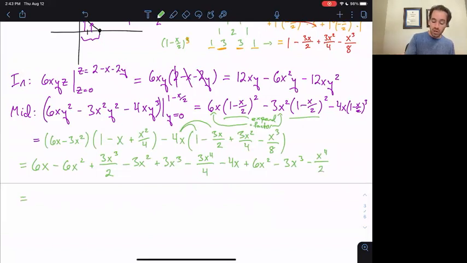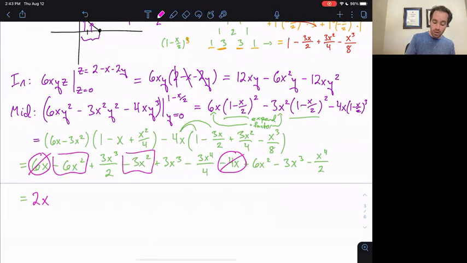So we've got 6x here and minus 4x here. Those are like terms, so that ends up being 2x, and those are taken care of. Minus 6x squared minus 3x squared plus 6x squared. That's going to end up being negative 6 minus 3 is negative 9, plus 6 is negative 3, negative 3x squared, and those are taken care of.